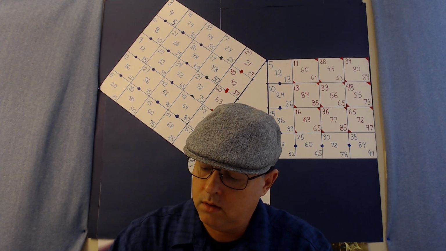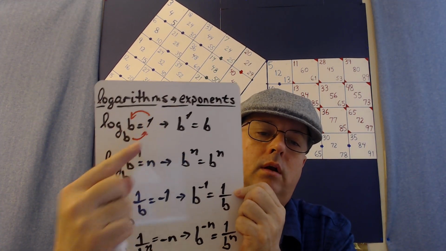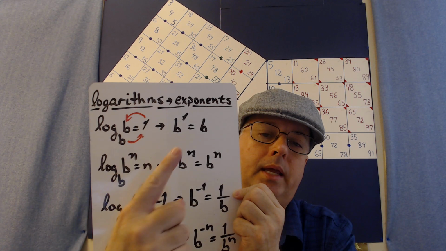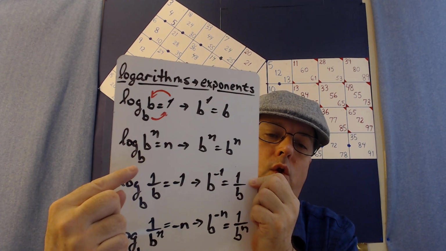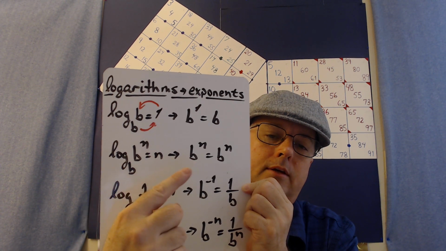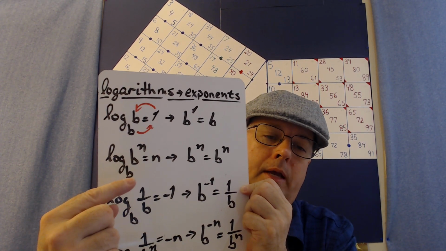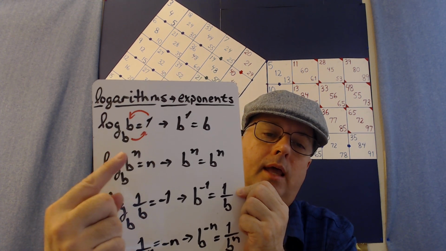And so now, these are all based upon that round trip. The log base b of b is 1, because b to the first is b. And the log base b of b to the n is n, because b to the n is b to the n. What is the power that makes b become b to the n power?